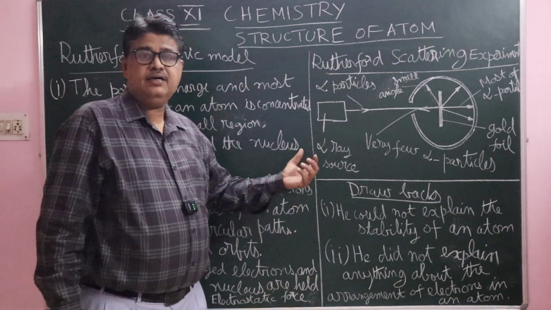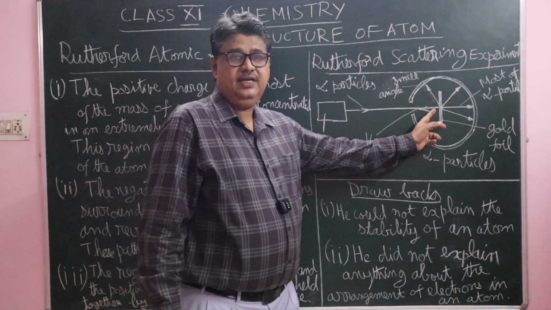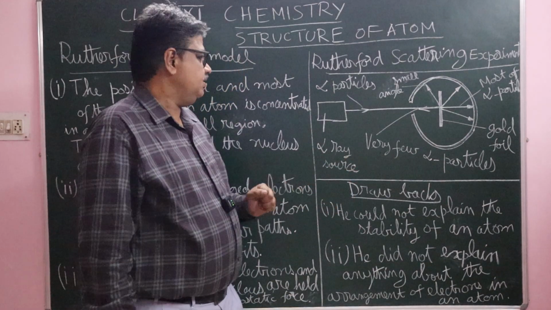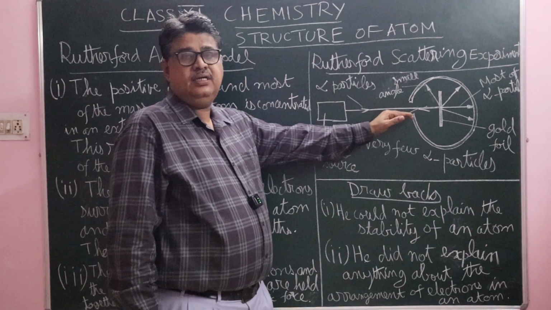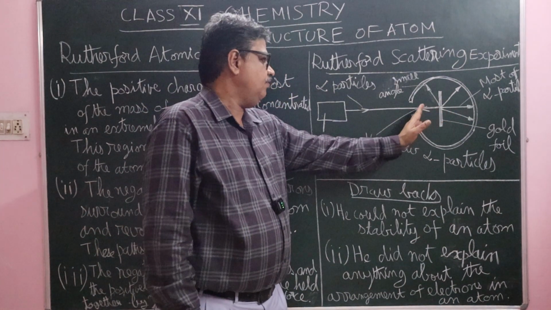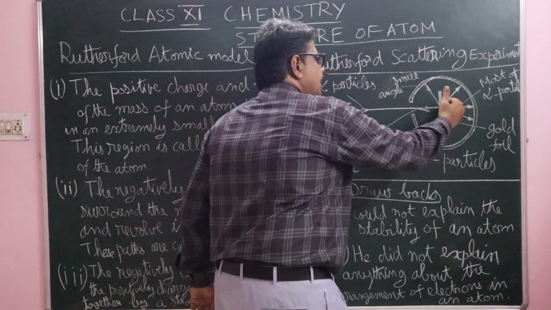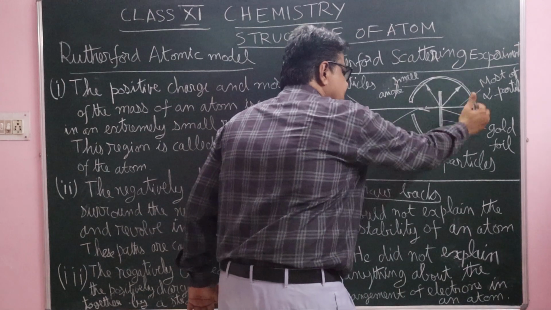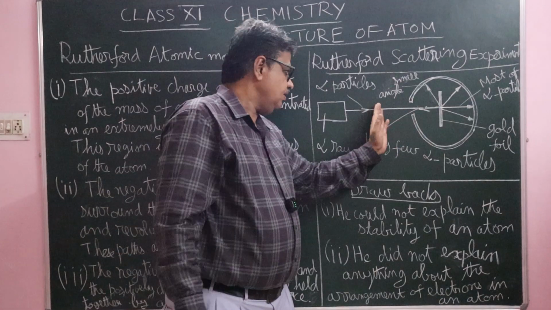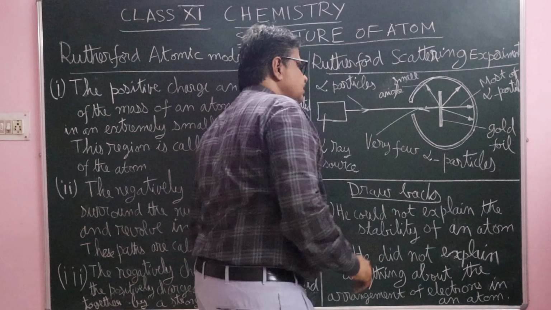So Rutherford fired alpha particles, and these alpha particles pass through the gold foil. Rutherford observed that most of the alpha particles penetrate through the gold foil and fall on the screen behind it, which is coated with zinc sulfide.